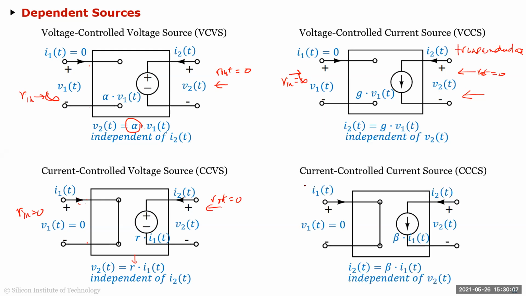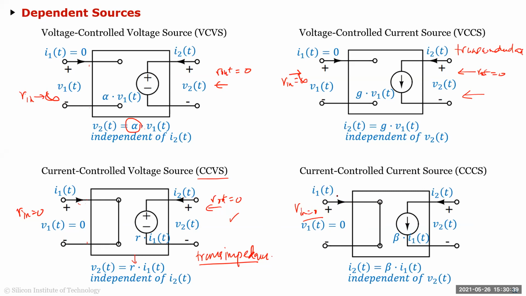And then the last one is the current controlled current source. The current controlled voltage source is a transimpedance element, so you can model transimpedance amplifiers. A lot of sensors, for example, give current out and you want to convert to voltage, so this is a good element to model that. For the current controlled current source, you take an input current, so your R in is equal to 0.